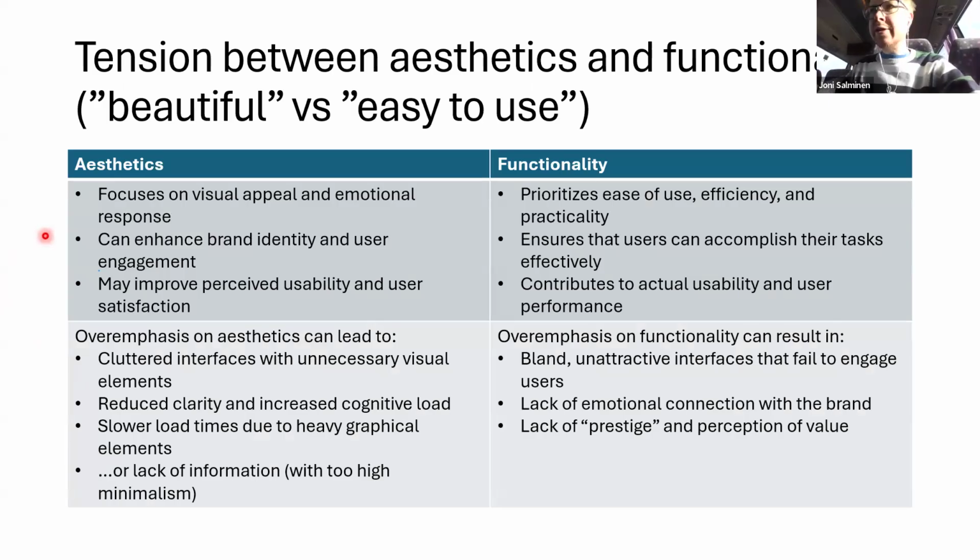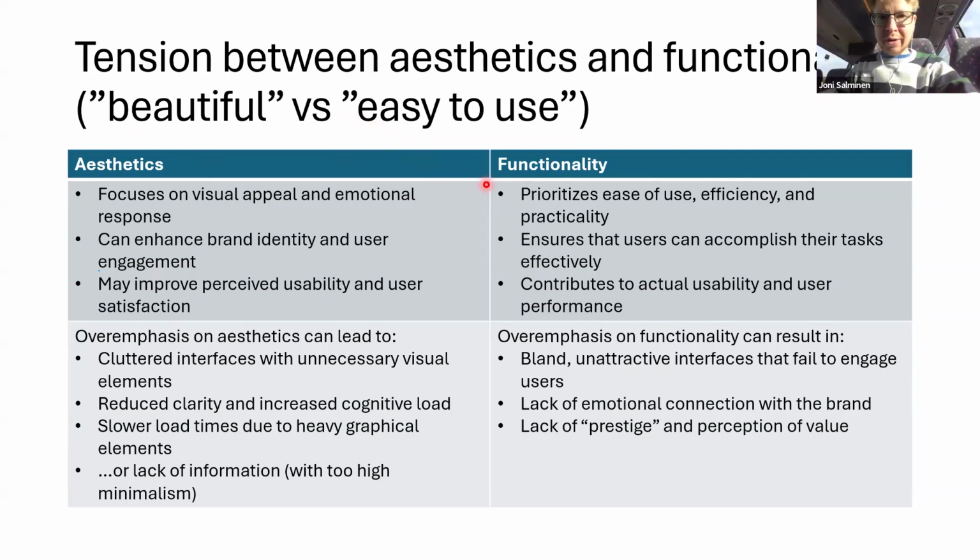And then another thing which I have observed with the students is confusion between aesthetics and functionality. This is something that has been studied a lot in human-computer interaction: what is the interaction between beautiful, good-looking interfaces and usability.